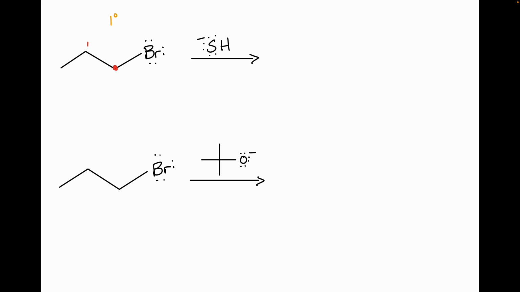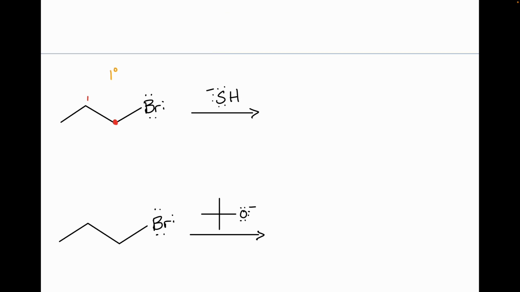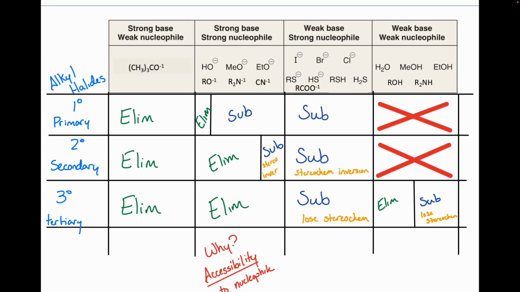And then I've got to look at my reagent here and figure out what category that belongs to. SH with a negative one charge. What box are we looking at here? Weak base, strong nucleophile. This thing right here. So for a primary alkyl halide and a weak base, strong nucleophile, we should be seeing a substitution reaction.